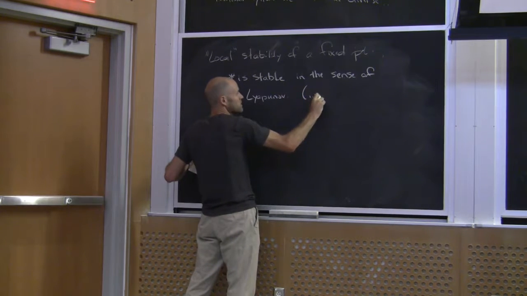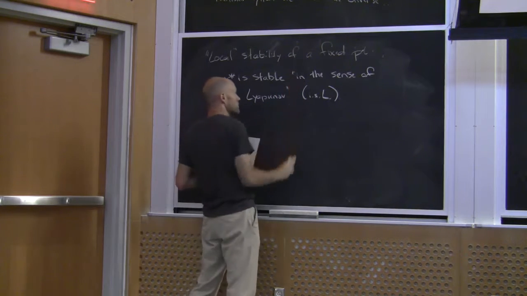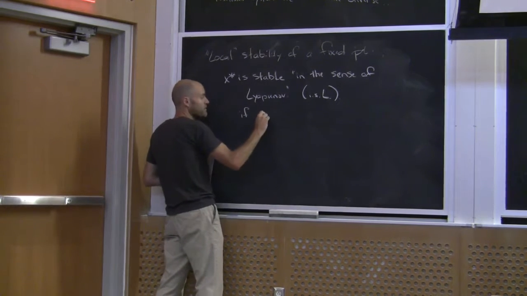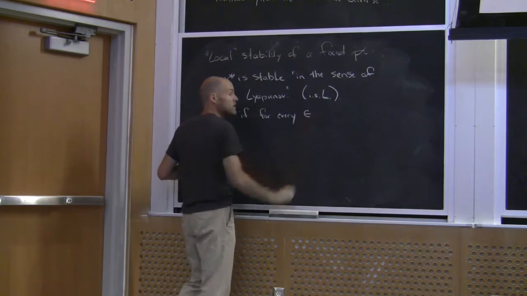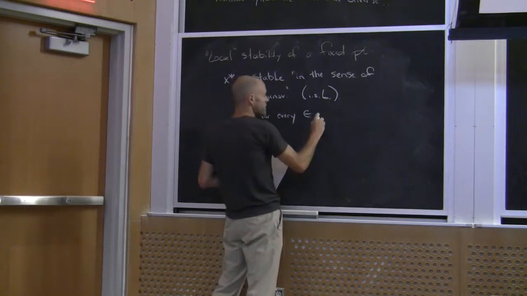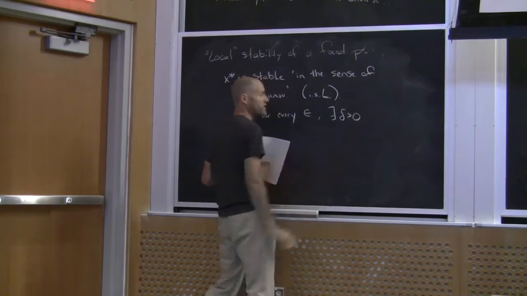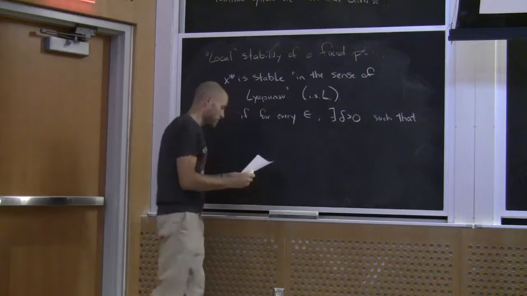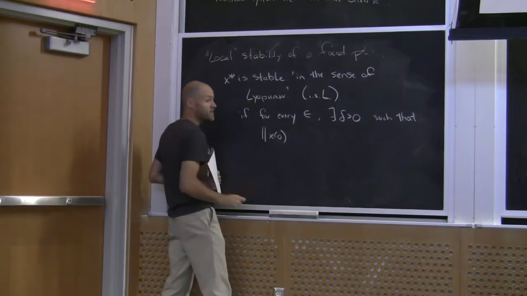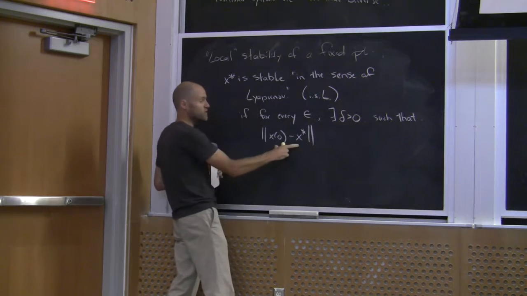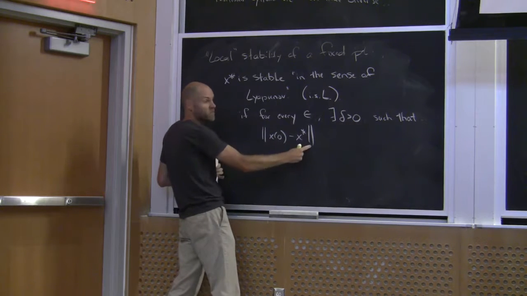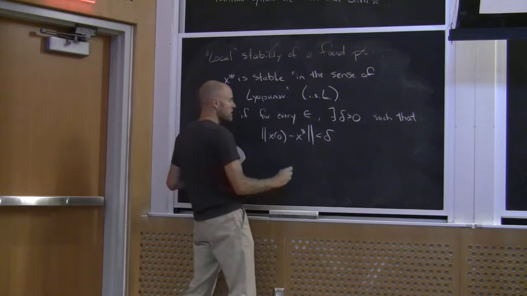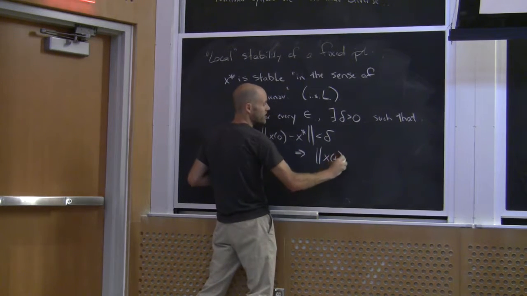Which is often shorthanded as ISL. If for every epsilon small, there exists some delta greater than 0 such that if I start my system pretty close to the origin, so I want this to be a distance, it can be Euclidean distance, it could be some other distance, I want the distance between my initial condition and the fixed point to be less than delta, implies that the system's never going to run away.